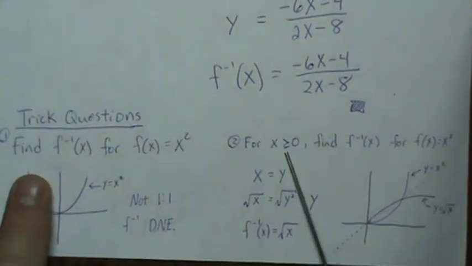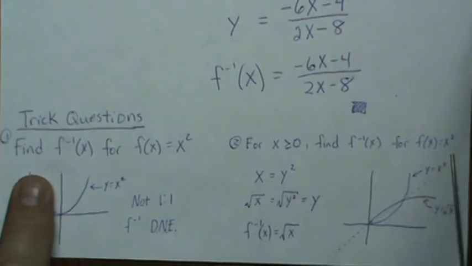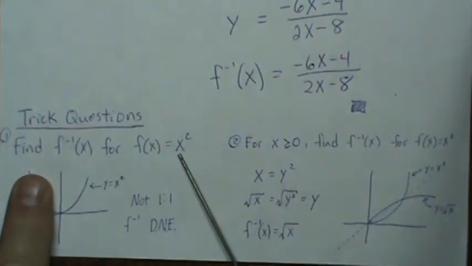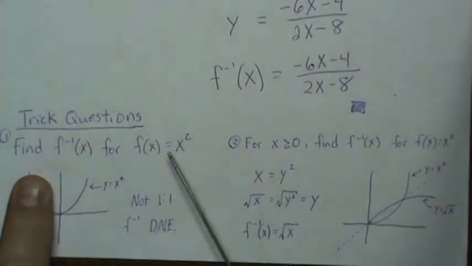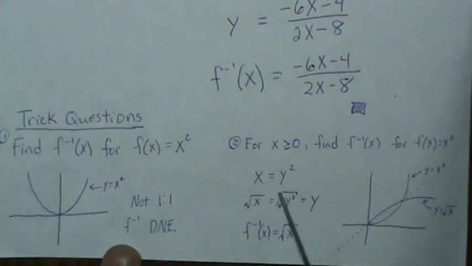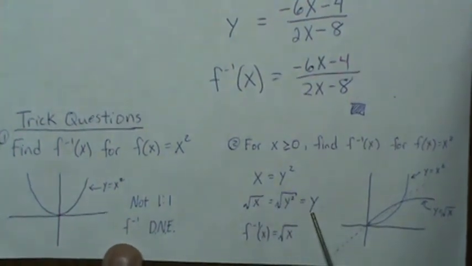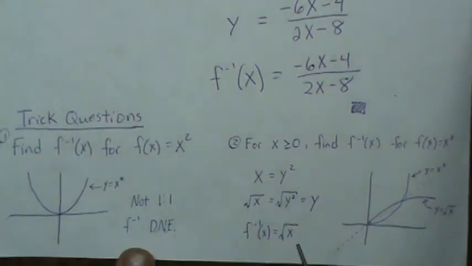Okay, so for x greater than or equal to 0, find the inverse function for f of x equals x squared. So that means we're going to put a y here and then an x there, and that's what this is. So now to solve for y, we take the square root of both sides, and we get y is equal to square root of x. So the inverse function is the square root of x.